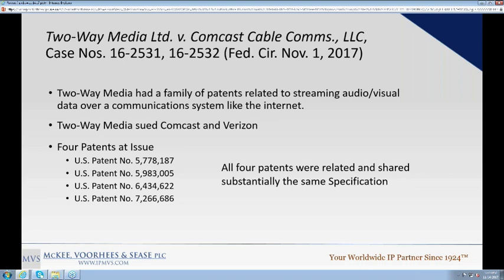All 4 of the patents were related, so they shared the same specification, so a lot of the issues you were dealing with there were pretty similar. I think when you go back to the Cleveland Clinic cases, there were some changes in that specification. There was a CIP filed at one point, so there were some differences with respect to ultimately the case claiming the method of treatment, maybe.